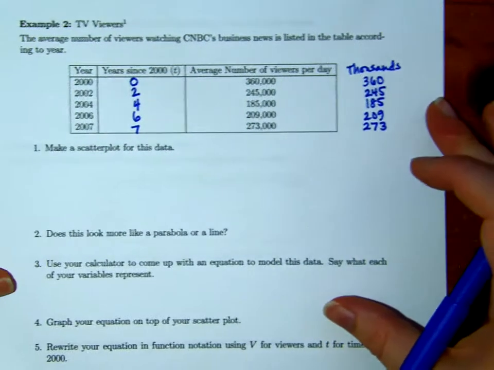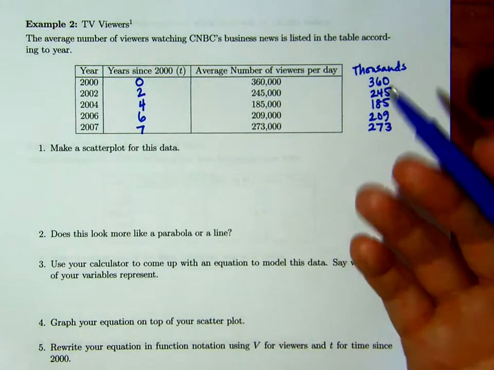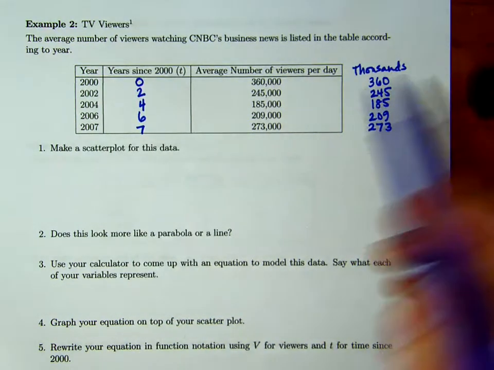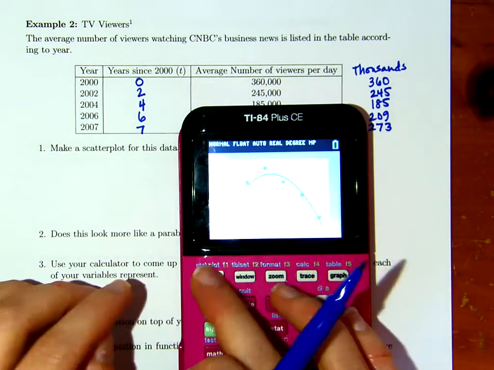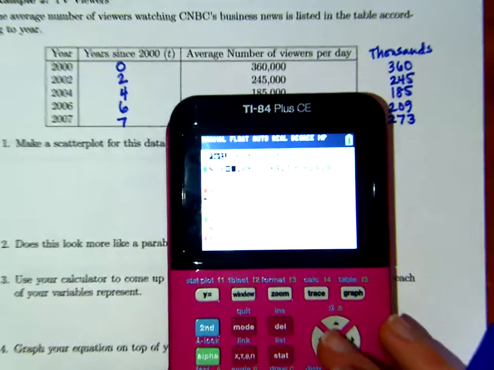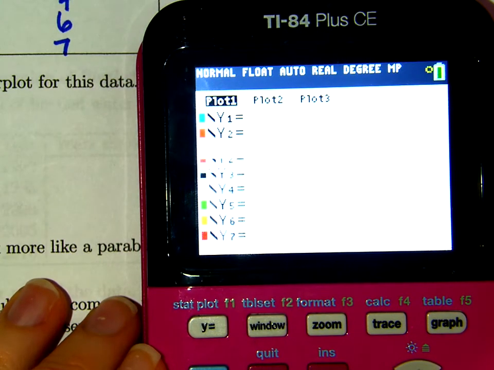Okay, so I am editing my data just to make my equations and computations a little bit friendlier and easier. Make a scatter plot. Okay, so that means right off the bat, we're going to have to clear out this equation. So I'm going to clear that and hit enter.